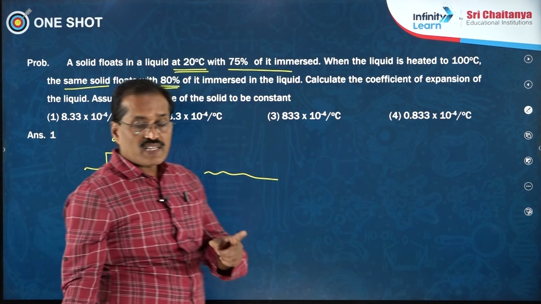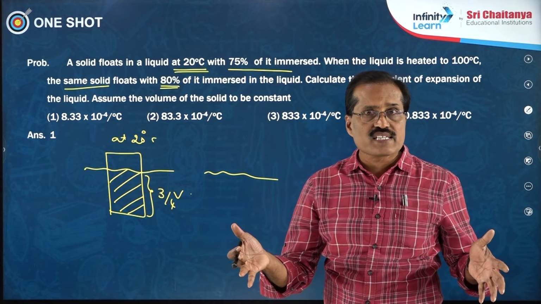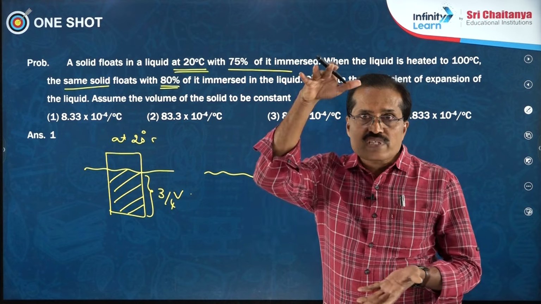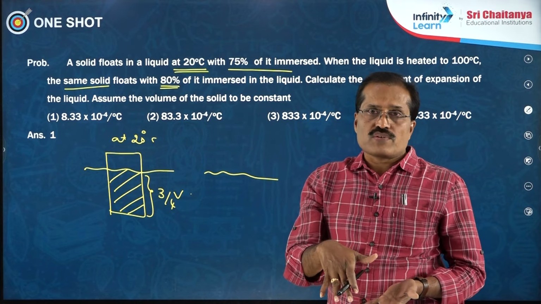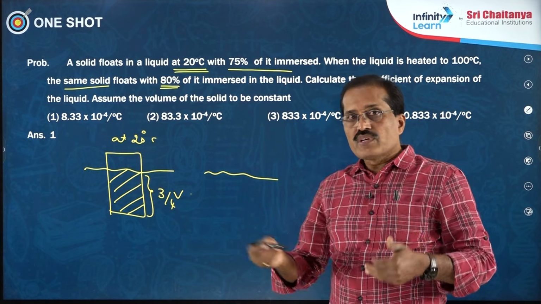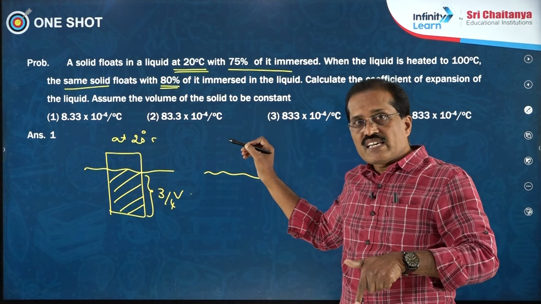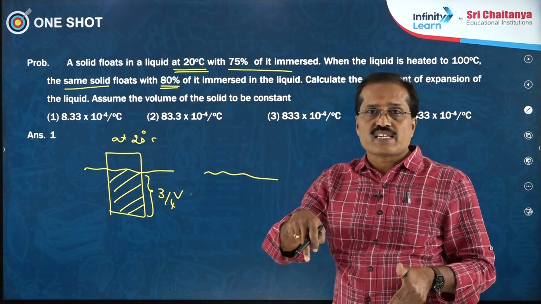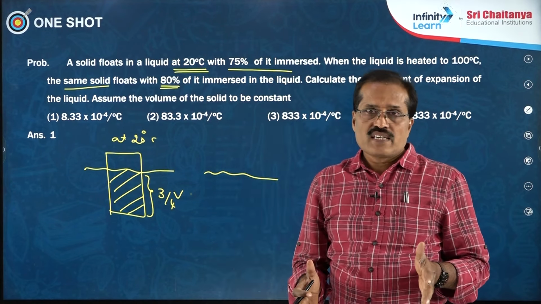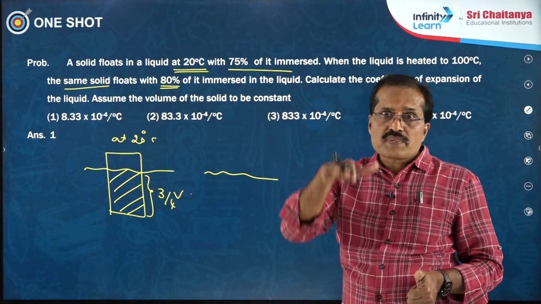Note down why the fraction of the body immersed increases to 80%: because the density of the liquid decreases. When the density of the liquid decreases, buoyant force decreases. If the buoyant force is more, it will push up. When the temperature increases, density decreases, and the buoyant force and upthrust decrease, due to which the body goes down.